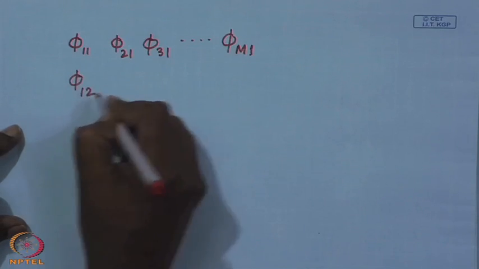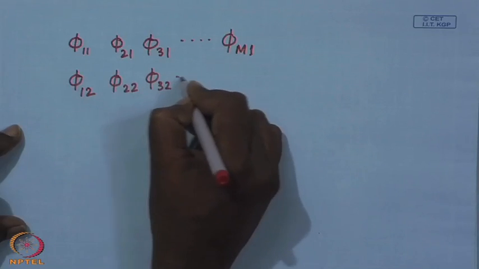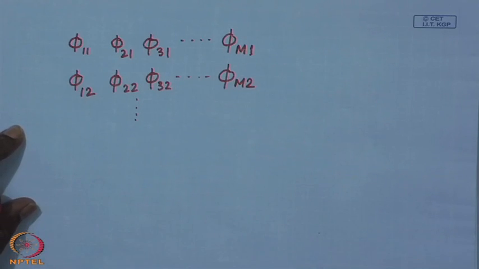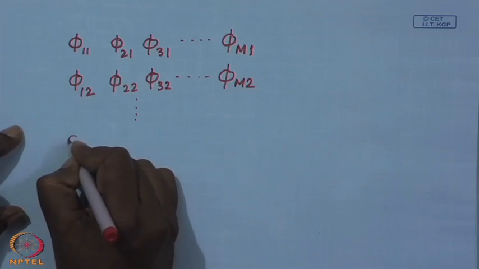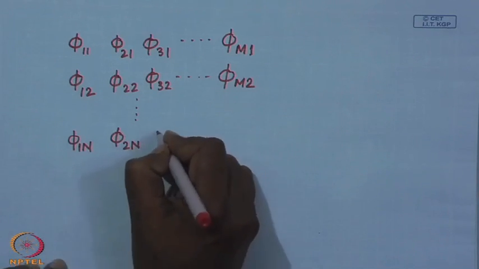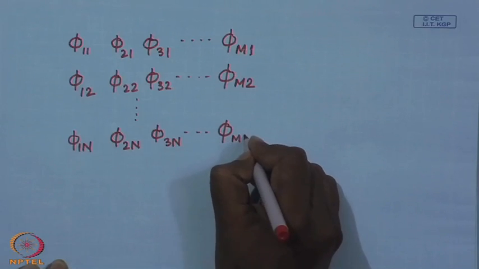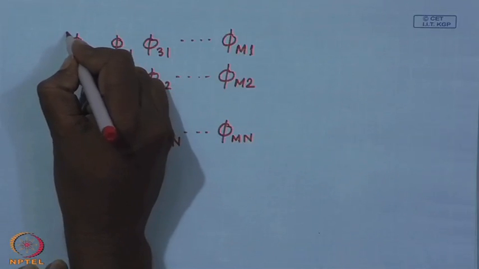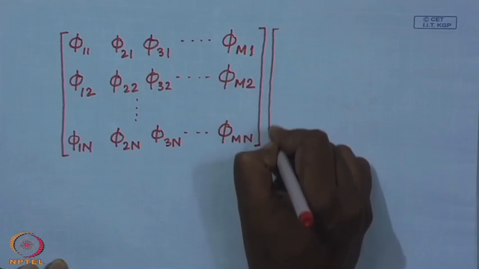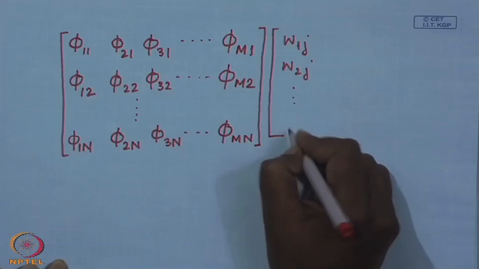Similarly phi 1 2, which means phi 1 of x 2, phi 2 2, phi 3 2, up to phi m 2, and as I have capital N samples for training, I will have phi 1 n, phi 2 n, phi 3 n, up to phi m n, which indicates phi m of x n, into W 1 j, W 2 j, up to W m j.